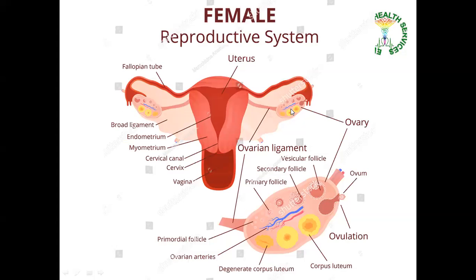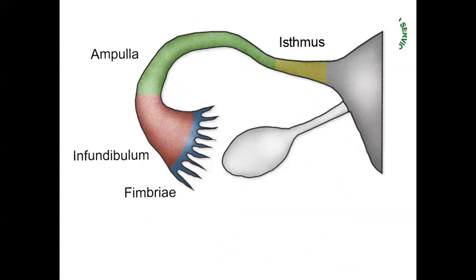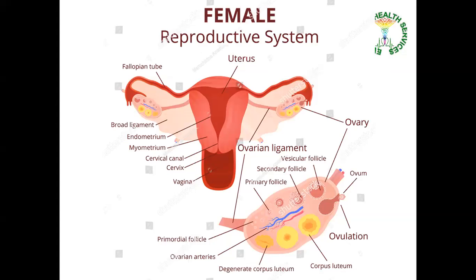The ovary secretes the ovum, and when the ovum is fertilized by the sperm, the zygote forms. The zygote forms in the fallopian tube, then is transmitted from the fallopian tube to the body of the uterus.